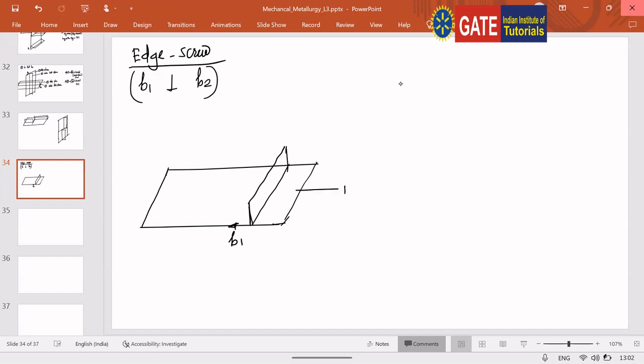This is the first slip plane, and this is the first extra half plane. Now imagine we have another slip plane. Let me try to draw it.